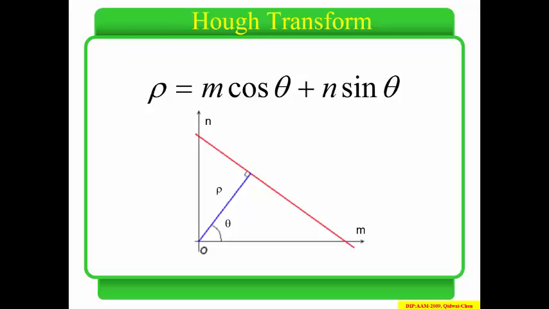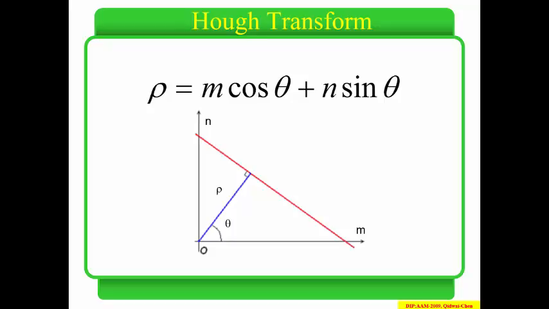What are the characteristics of this line? The line is at a perpendicular distance from the origin with the value rho, and the line that is drawn from the origin perpendicular to it makes an angle theta in the positive clockwise direction. Okay? Right?